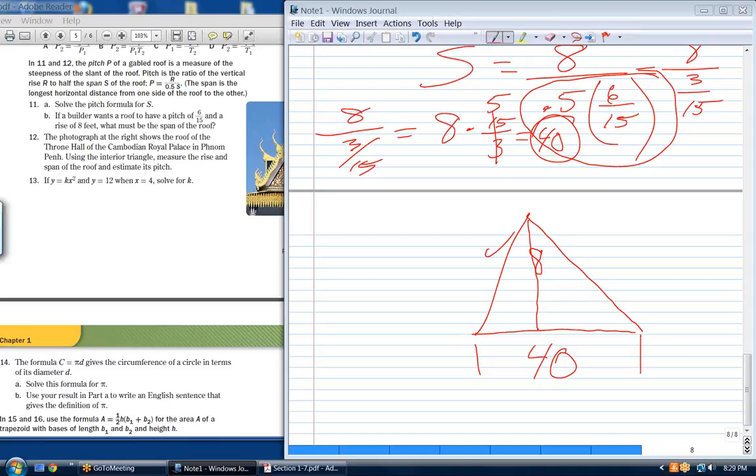And the pitch is going to be the length, I guess. The measure of the steepness. So actually the pitch is going to end up being the slope of that roof. Well, the slope of that roof is a rise of 8 over a run of 20. So the pitch is 4/10 or 2/5.